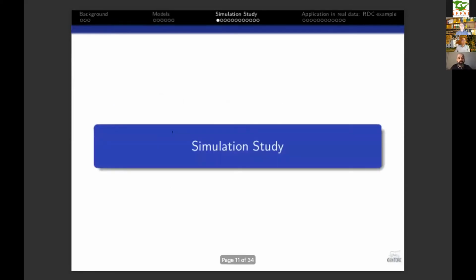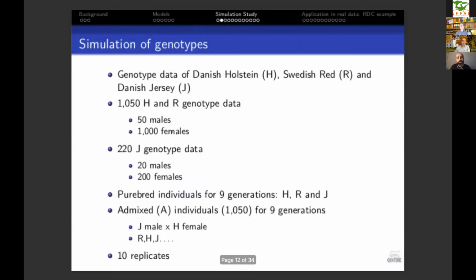I just skipped that. We tested the approach with a simulation study starting from real data of 3 dairy breeds, namely Danish Holstein, Swedish Red, and Danish Jersey. We picked about 1,000 individuals from Holstein and Red, and we wanted Jersey to represent the small breed, so we selected a lower number of individuals from the Jersey population. We did simulations for 9 generations for both purebreds and admixed individuals.